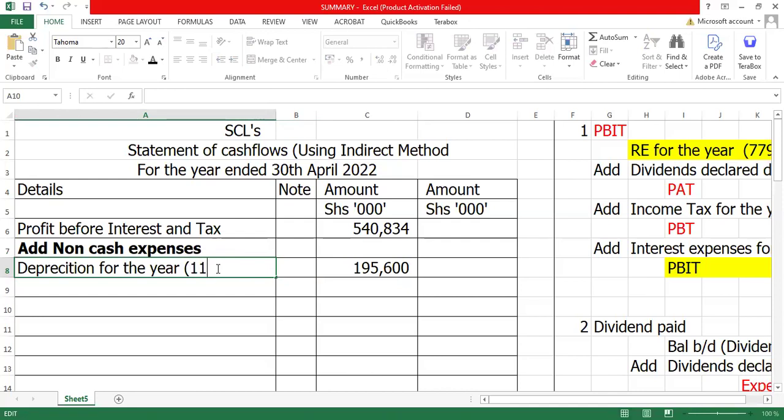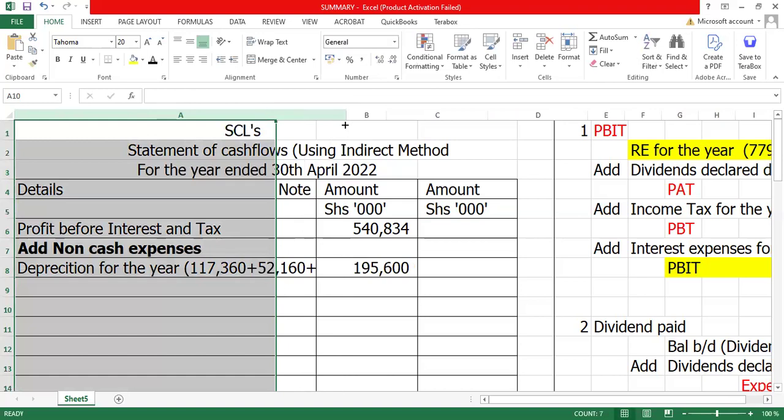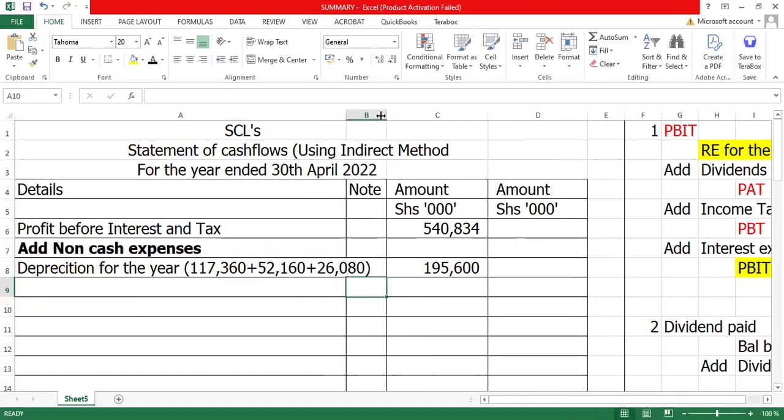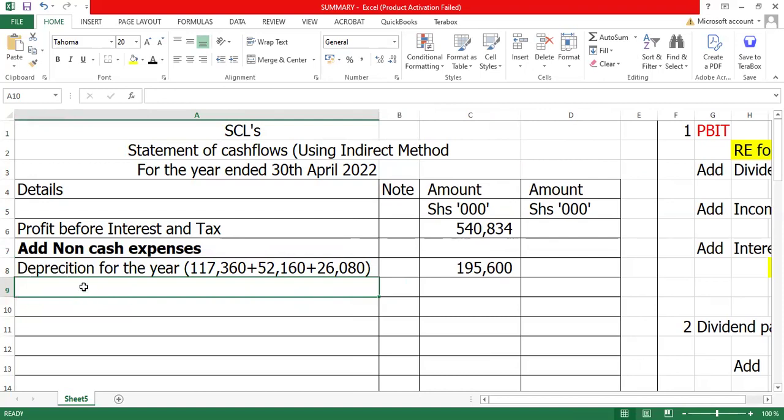You add 117 on the face, then plus the other one, 52,160, then plus 26,080. Yes, so that's how we are getting this figure. That is the depreciation for the year.